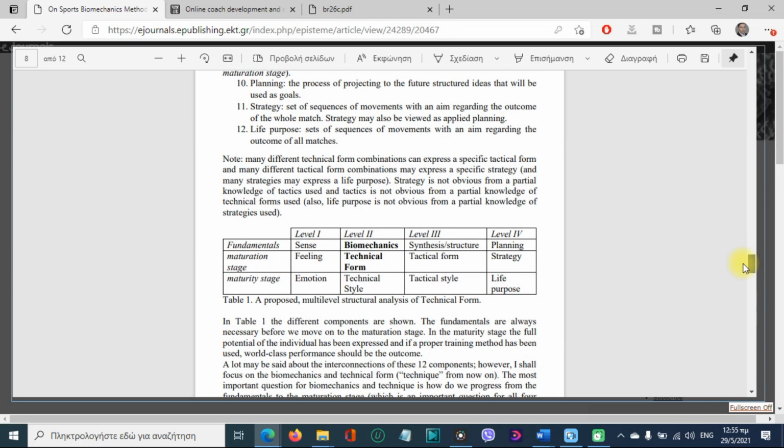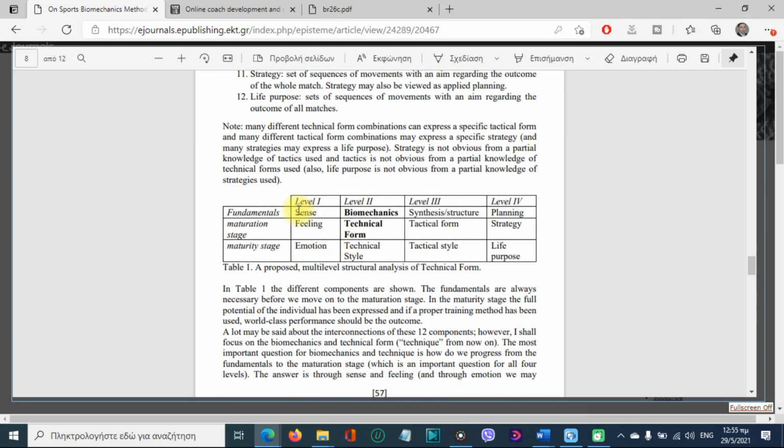And this table says that I have 4 levels. This method of presenting information in classical epistemology is called structural analysis, of technical form. So what we should address, this is exactly how we translate methodology to method.